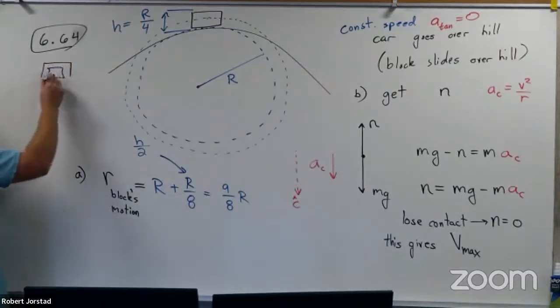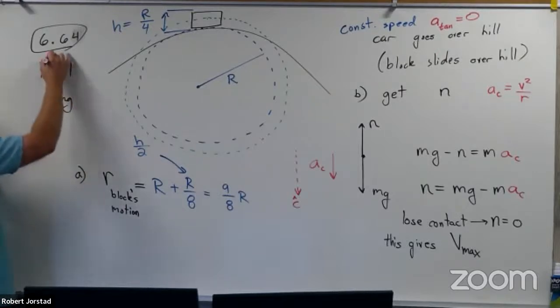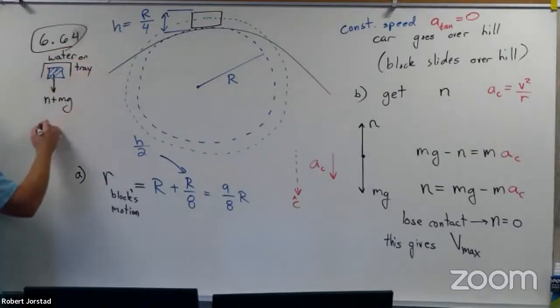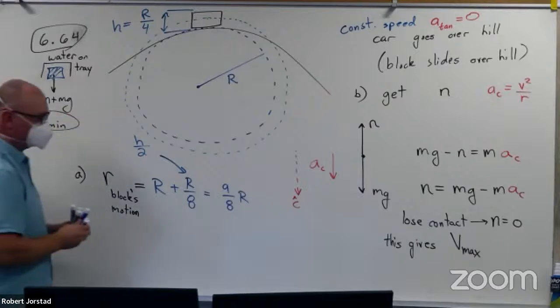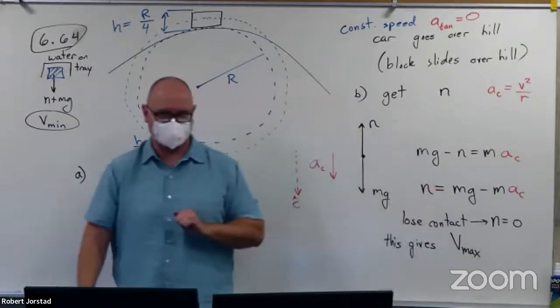So we had N plus mg for water on a tray, and we found there was a minimum speed. With this one, with the normal force going out, we get a maximum speed. Got it?